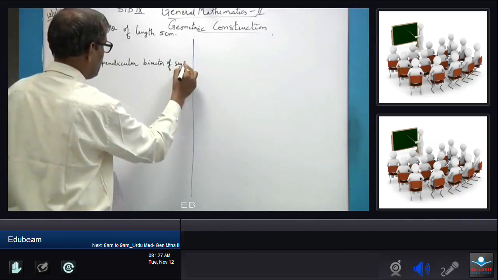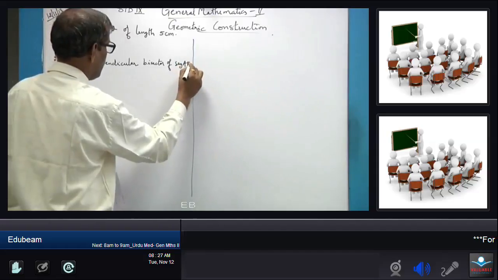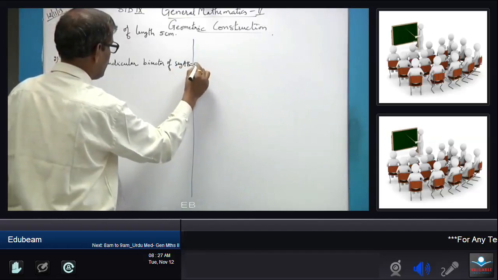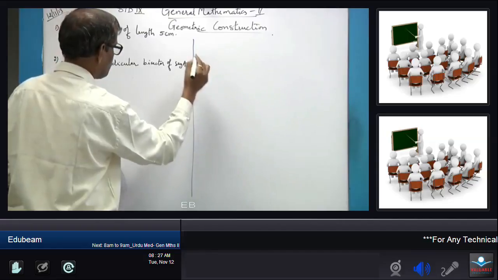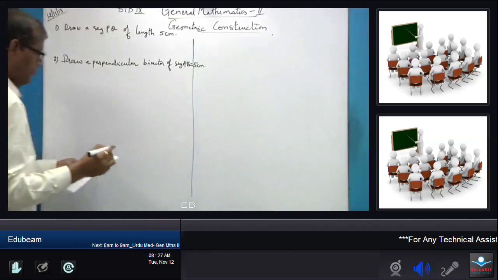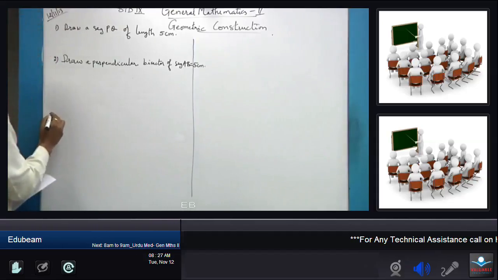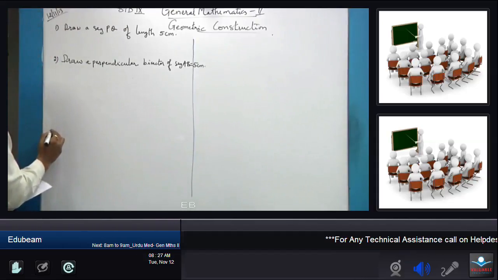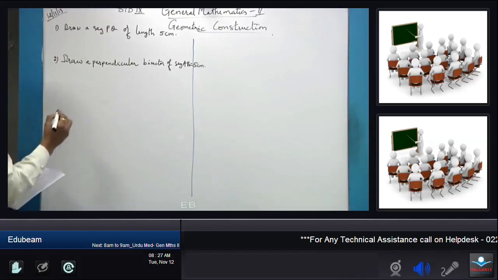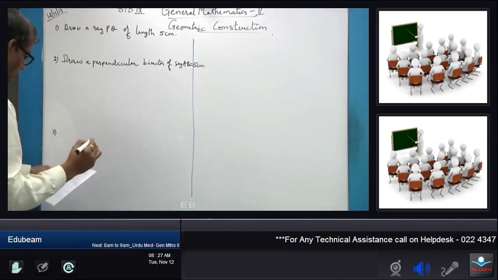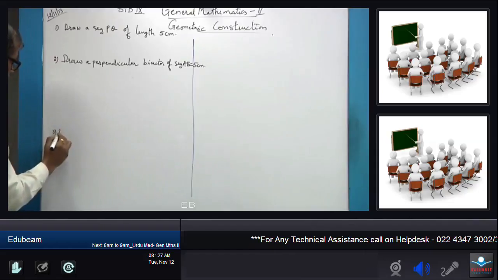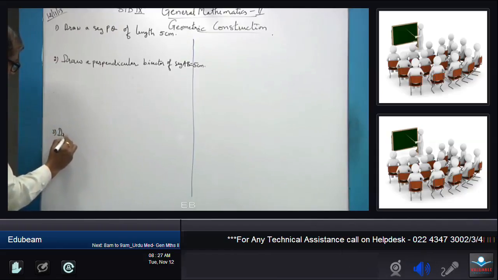Draw an angle PQR is equal to 45 degrees and bisect it.